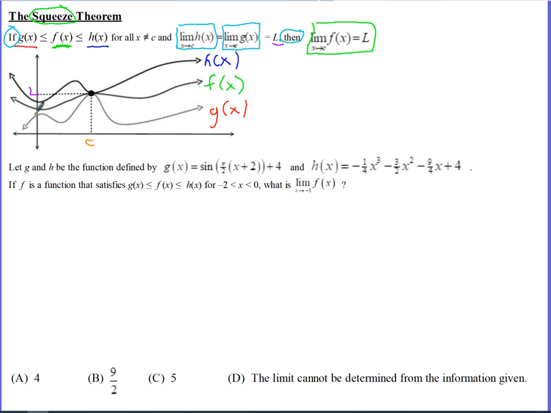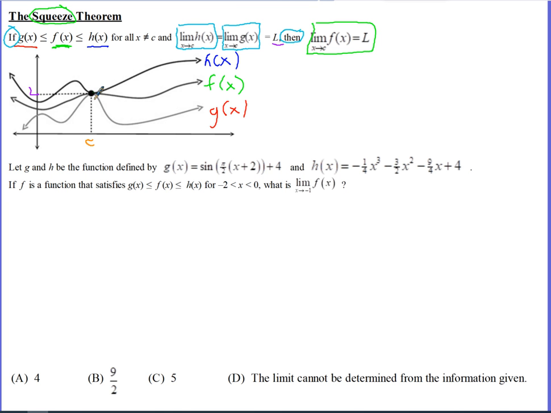Because as we follow f of x along, it's between g of x and h of x, greater than or equal to g of x, less than or equal to h of x. And since these have the same limit, there's nowhere else for f of x to go, but it gets squeezed right there. So it has to have the same limit as h and g do as well.